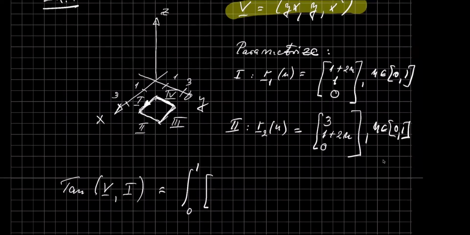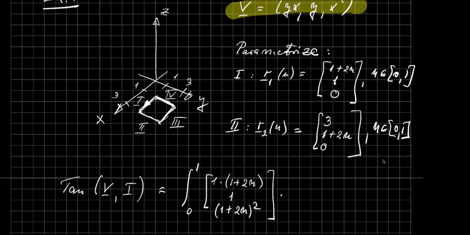So you have y is 1, so it is 1 times 1 plus 2u. And then y is equal to 1. And then you have x squared, that is 1 plus 2u squared. So this is the vector field.